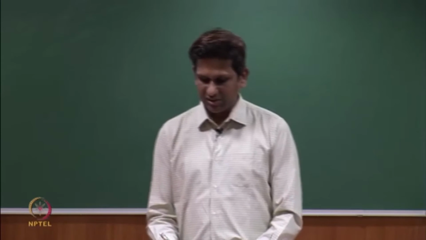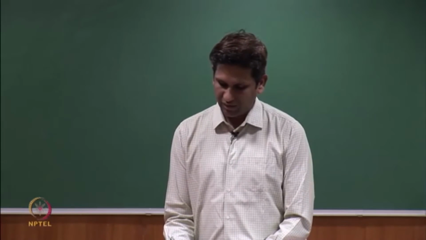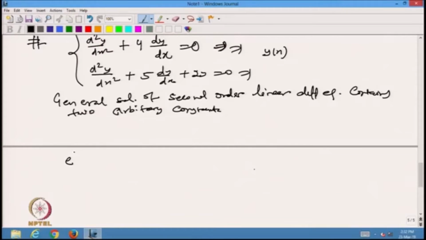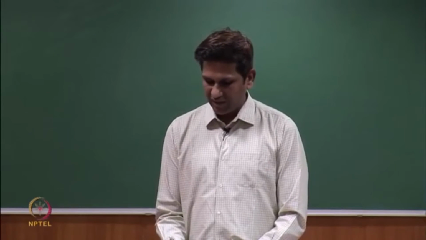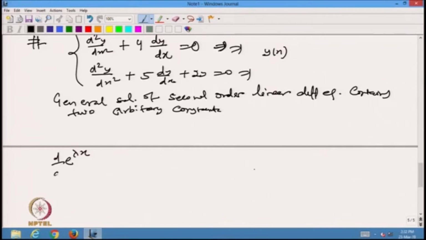Then we come across the exponential function. I take the exponential function e to the lambda x. The exponential function has a derivative of the same form. If I take the derivative, it will be lambda e to the lambda x, where lambda is any scalar.